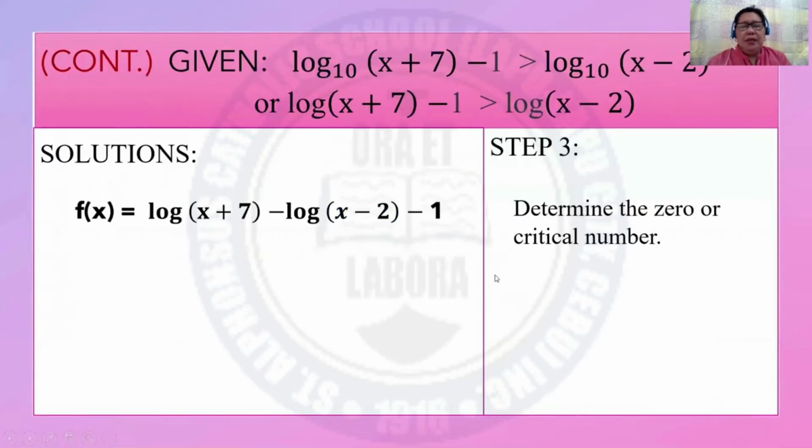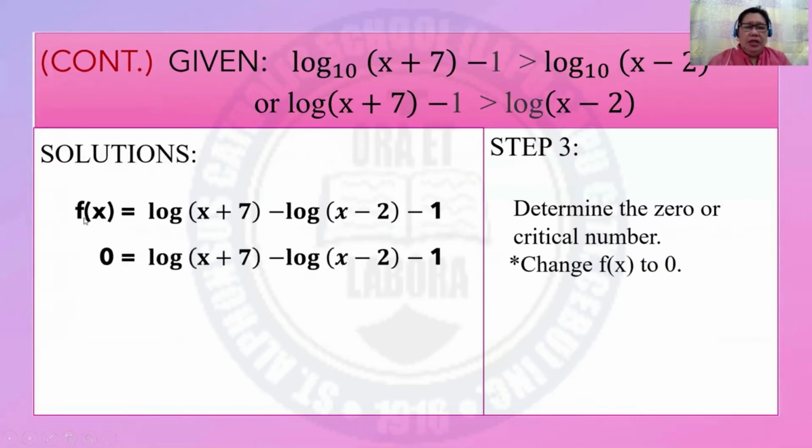For step 3, we have to determine the zero or the critical number. So, using the logarithmic function, we have to change f of x into 0. So, change f of x into 0, then we have 0 equals the logarithm of the quantity x plus 7 minus the logarithm of the quantity x minus 2 minus 1.